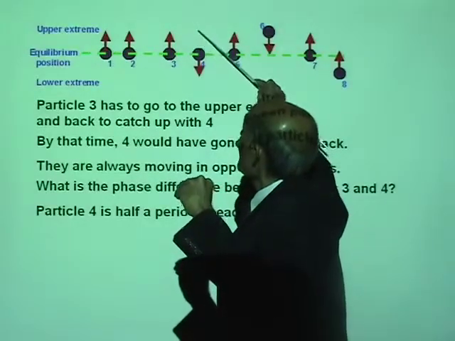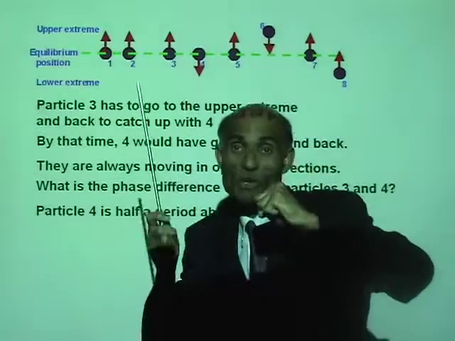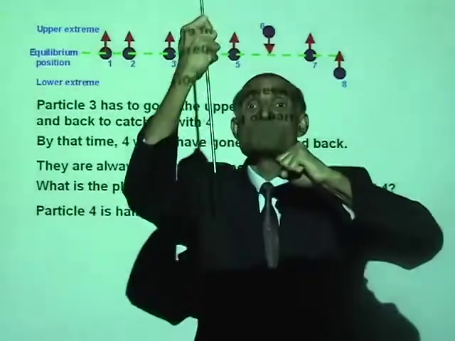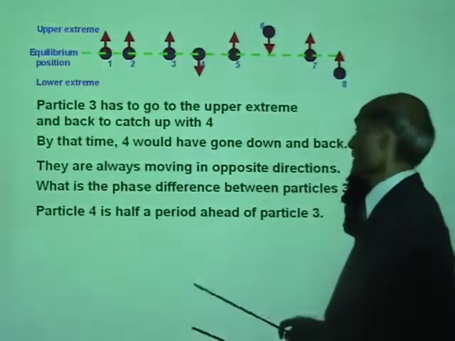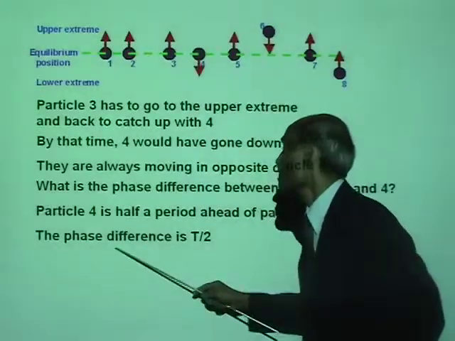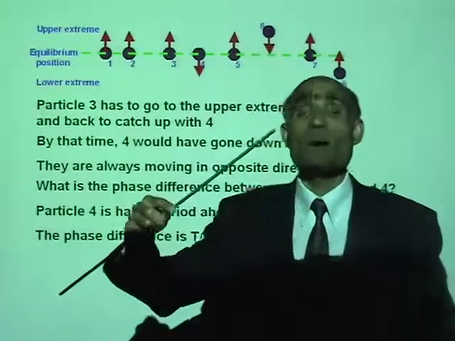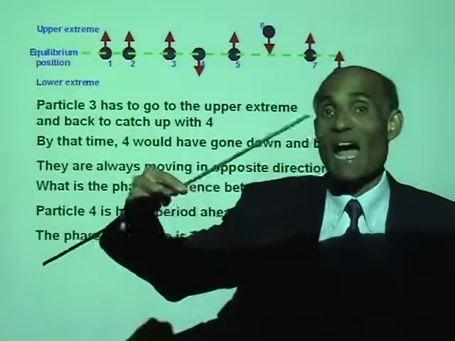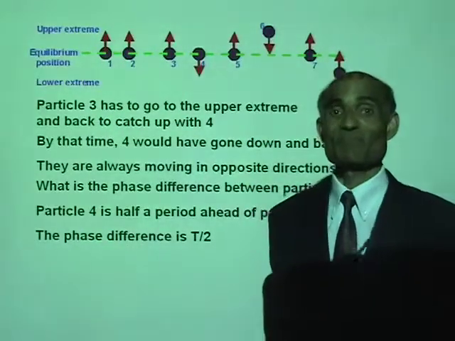It has gone up and has come back. So when particle 3 begins, particle 4 has completed half of the vibration. That means the phase difference is half of a period. We say particle 4 is half a period ahead of particle 3.